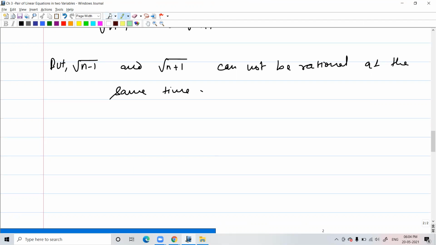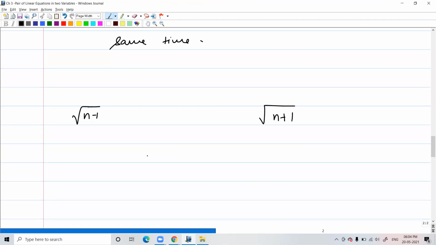See, if you put any value of n, we write both of them, square root of n minus 1 and square root of n plus 1. Try to keep changing the value of n. N is a positive integer, so you'll have to start writing with n equal to 1. If you put n equal to 1, what is the value of square root of n minus 1?